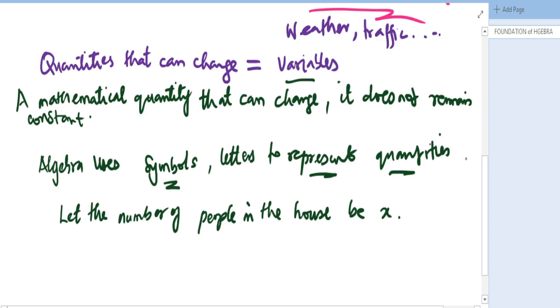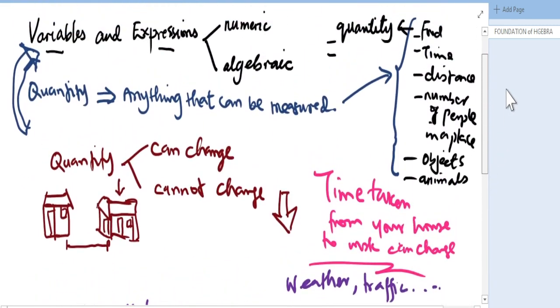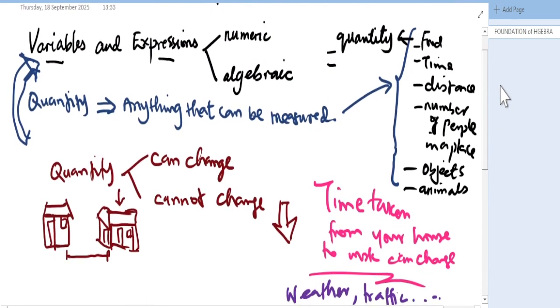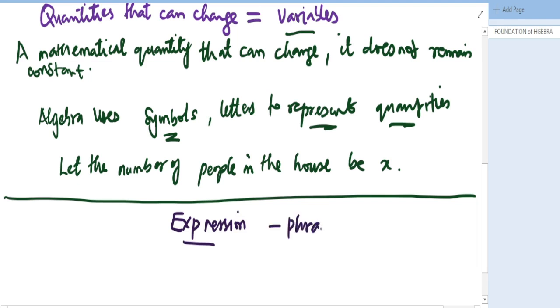For us to continue, we have explained quantities and variables. Now we want to explain expressions. In the English language, an expression can just be a phrase, a sentence, or a clause.